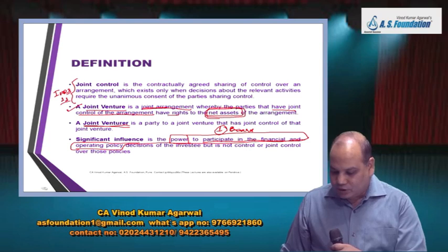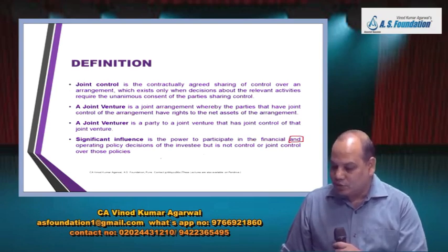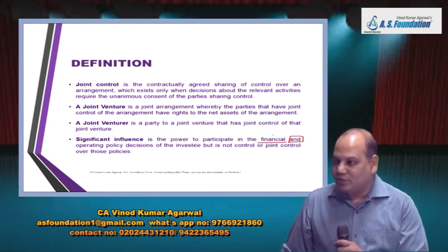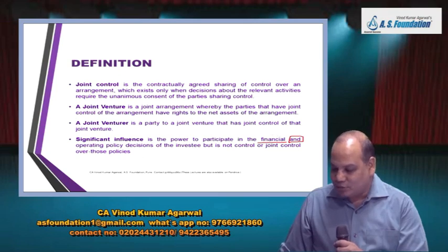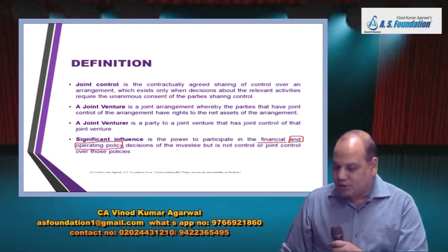policy. Now, this standard uses the word and. You should have the power to participate in both financial policies also, operating policies also. Financial policies relate to matters of finance like dividend policy, capital structure, buyback of share, conversion of debenture, etc. And operating policies relate to sales, cost, price, distribution, marketing, human resource, mode of disposal, etc. decisions, but is not control or joint control.